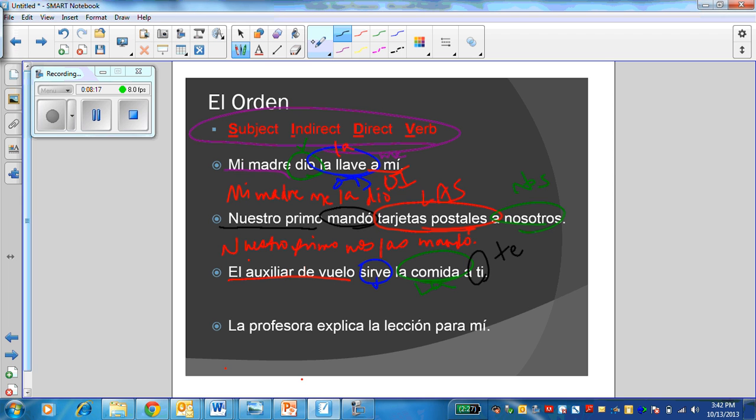Entonces, cuando vamos a reescribir la frase así, el auxiliar de vuelo te la sirve. The flight attendant serves it to you.